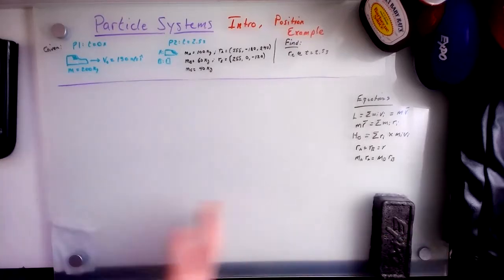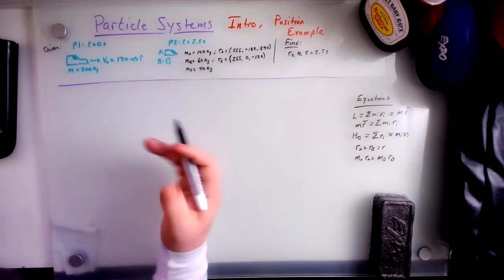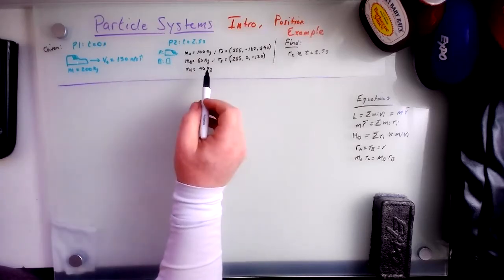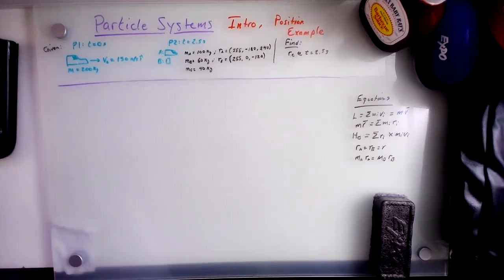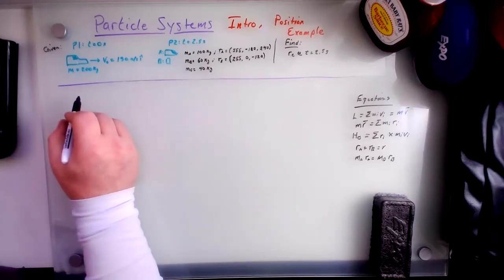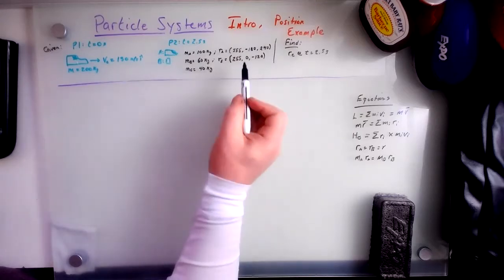If there's no change in the energy from the outside, then the momentum is conserved. So at any rate, we need to find the position of C. Our overall strategy is going to be the conservation of linear momentum. We have velocity and we have position.